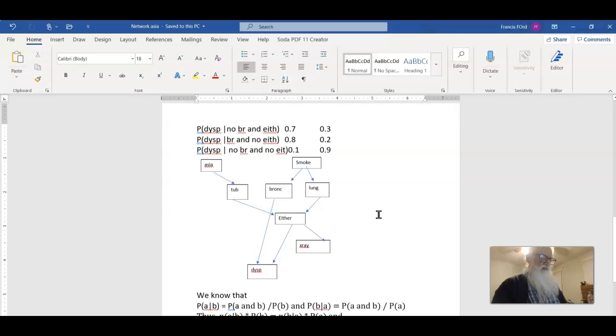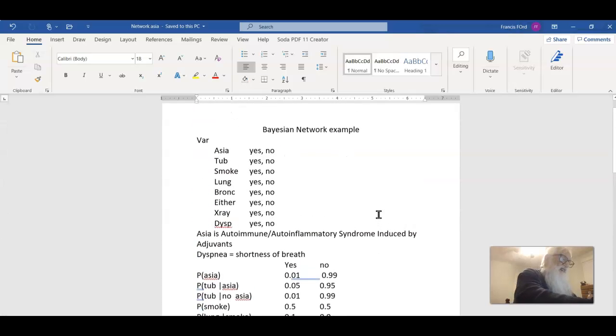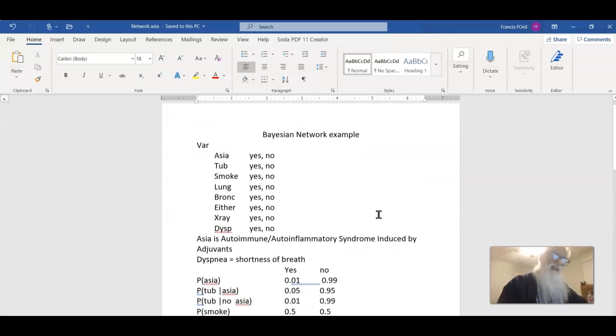This is a medical network. It turns out that Asia, and I didn't know this, is short for autoinflammatory syndrome induced by adjuvants, where adjuvants are external substances which irritate you, like cat hair or something like that.